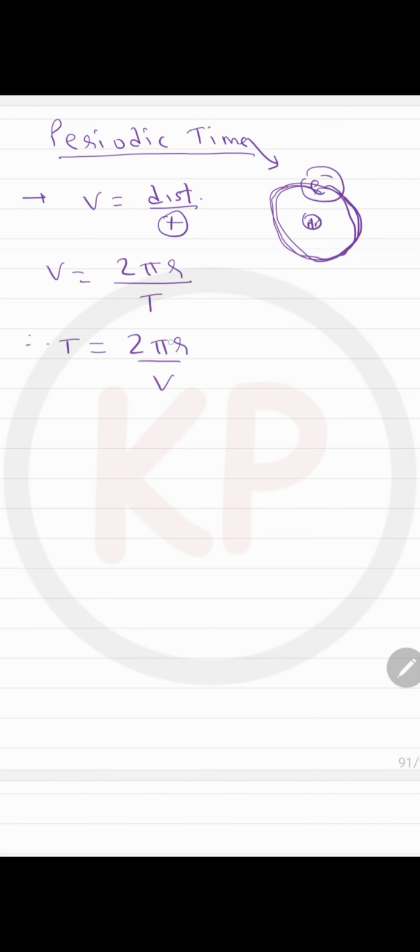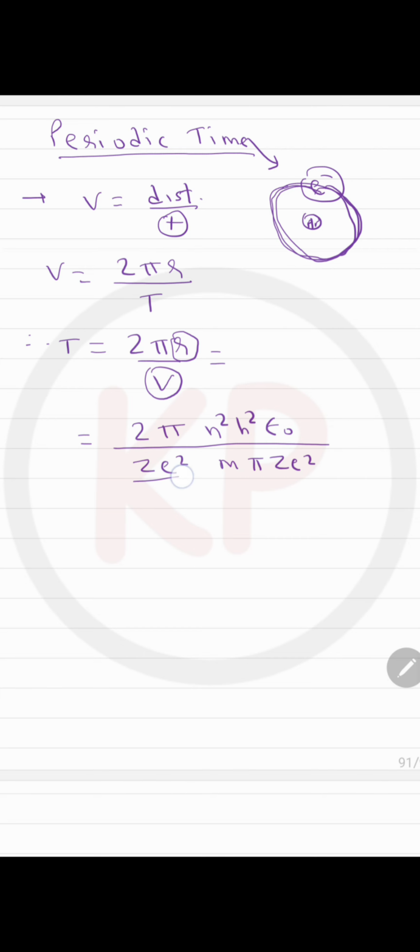Just now I have written the equation of radius. You can see the equation of radius, and you can also see the equation of velocity. If you put the equation of radius and velocity, let me show you. We can write this as 2 pi, the value of r is n square h square epsilon 0 by pi m z square, and the value of velocity is z square e square by 2 epsilon 0 n h.